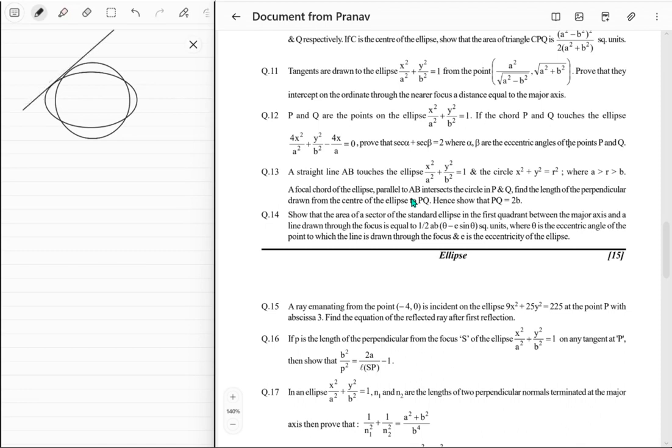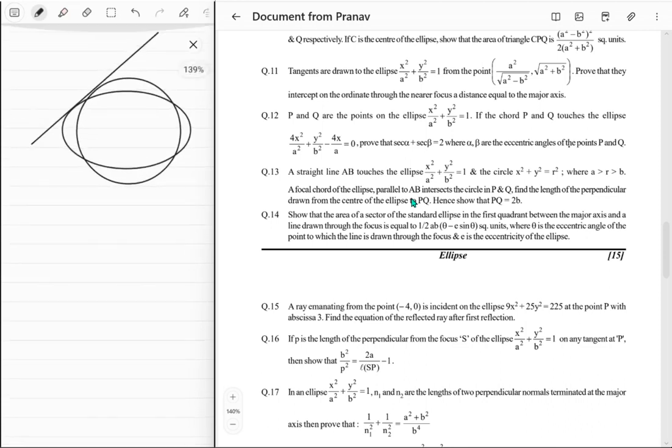Fine. The focal chord of the ellipse parallel to AB, it's like this line parallel to that line, intersects the circle in P and Q, and it's supposed to be passing through the focus. Find the length of the perpendicular drawn from the center of the ellipse to PQ.